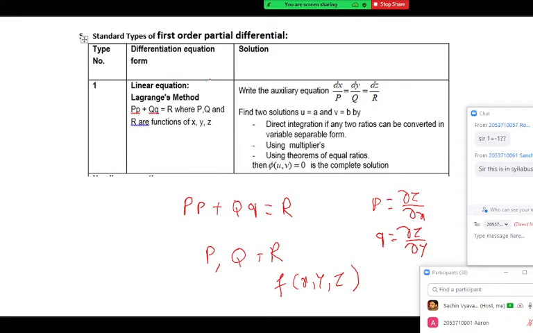If we solve this Pp plus Qq equal to R, in a solution how many arbitrary constants or arbitrary functions should be there? No reply. How many? Okay, Neil is saying 2, but 2 what? Arbitrary constants or arbitrary functions?